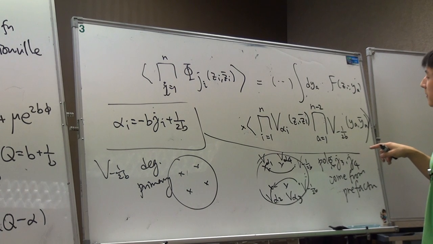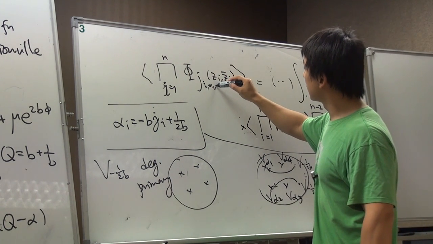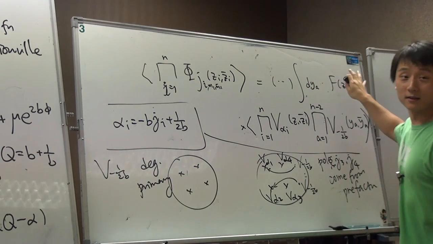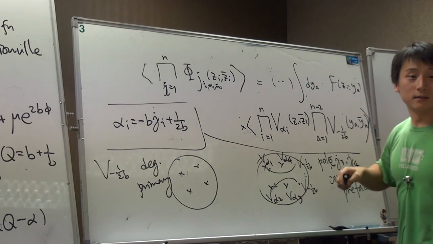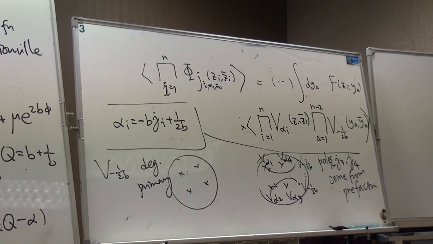No, phi depends on j. This depends on m and m bar. I didn't write the dependence, but it is also included on the right-hand side. Oh, yeah, sorry. I can't really write all the details out on the board. There's way too much to write, but you can look at the details in our paper.